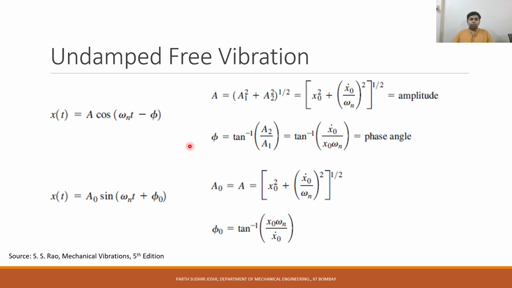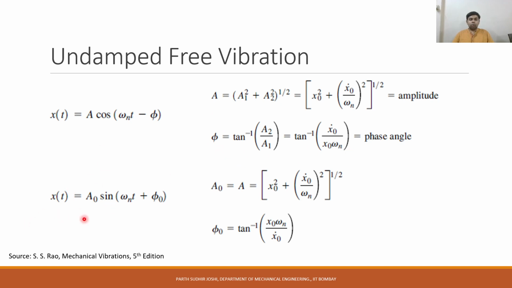So then we can also write down the solution in this form, where x of t is A cos(omega n t minus phi). So we can write it in terms of amplitude and phase. So those two amplitudes A1 and A2 can be combined together to get the resultant amplitude A. So this is the equation for that, and the phase difference can be written using this equation.